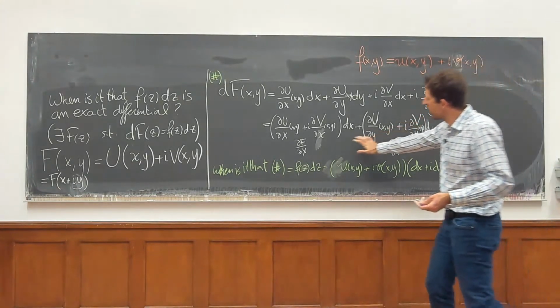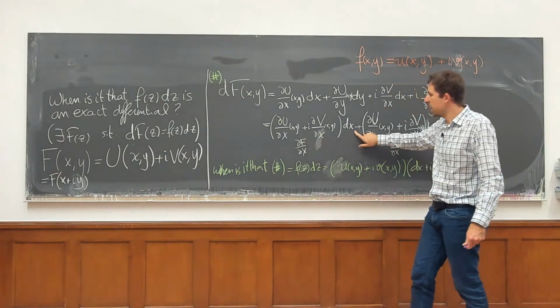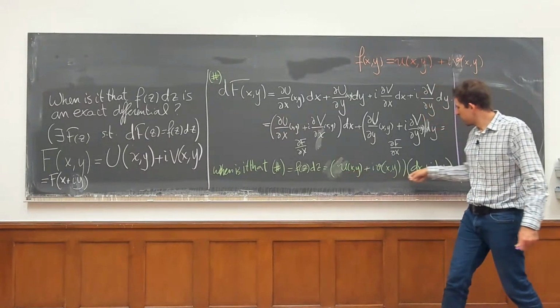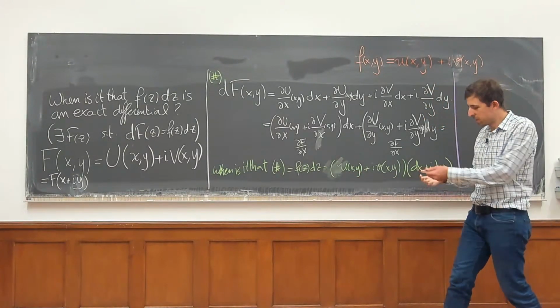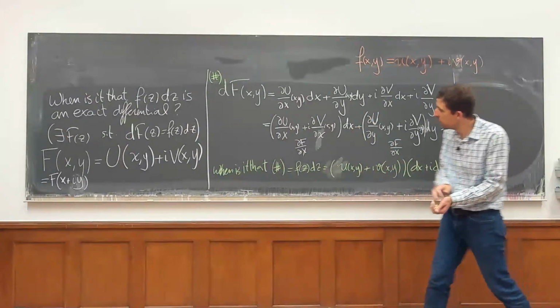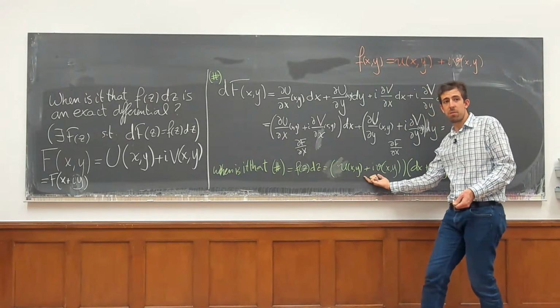The answer is already on the board because here you get the derivative of f with respect to x, dx. This needs to be the same as this multiplied by dx. So if this is to be equal to that, it must be that the derivative of f with respect to x is equal to f.